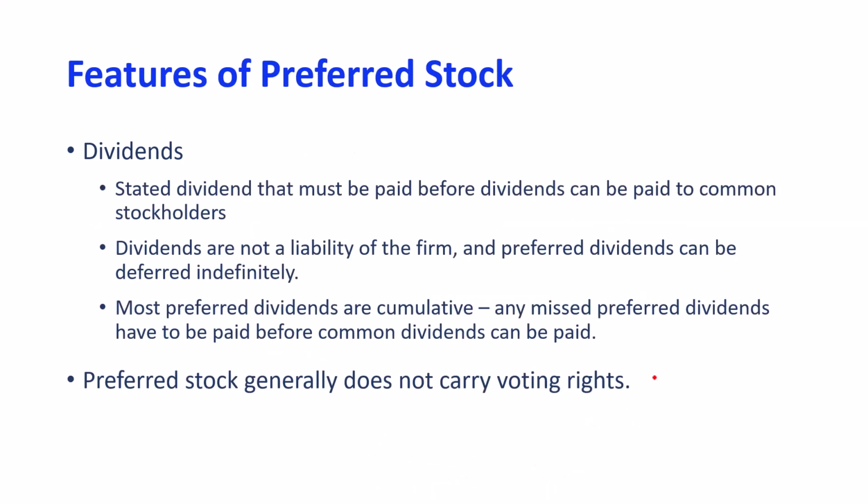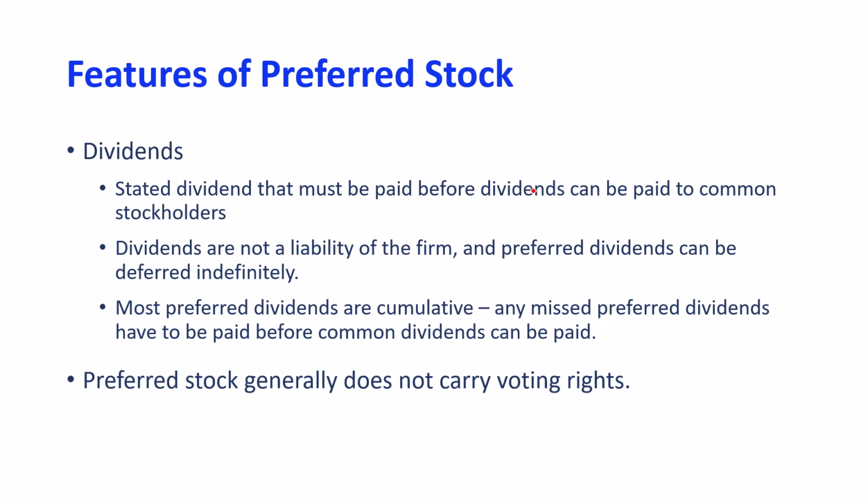In terms of the preferred stock, the stated dividend must be paid before the common stockholders. They need to get paid before common shareholders get their dividends. Dividends are not a liability of the firm, so preferred dividends can be deferred indefinitely.